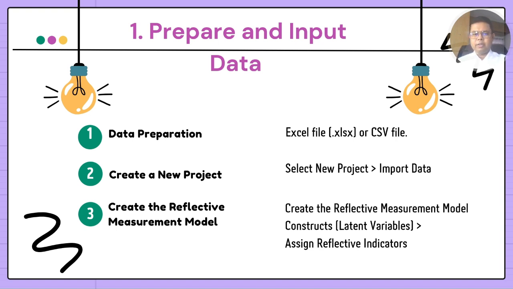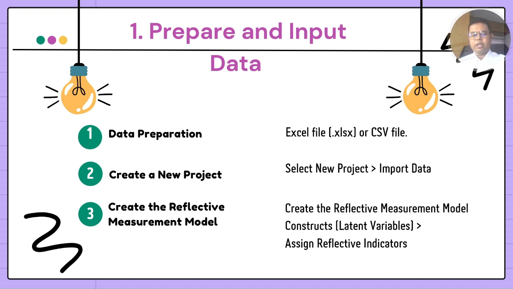Some other files, like SPSS files, are also compatible with Smart PLS 4. But up to Smart PLS 3, we needed to use only the CSV file. So first one is to prepare the data, and please ensure your data is prepared.